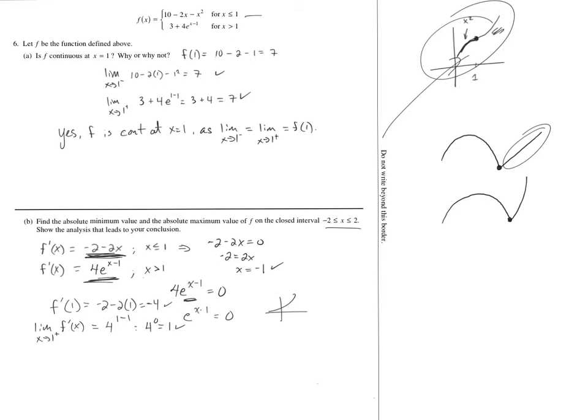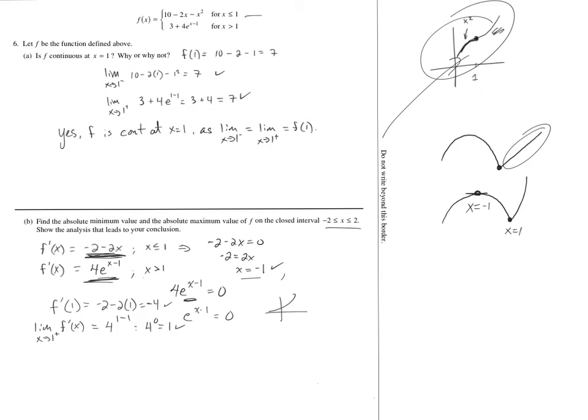So we've got a critical number of x equals 1 because the derivative from the left doesn't equal the derivative from the right. We've got a critical number of x equals negative 1. That would probably be like this point up here. So this would be x equals negative 1. This is x equals 1.